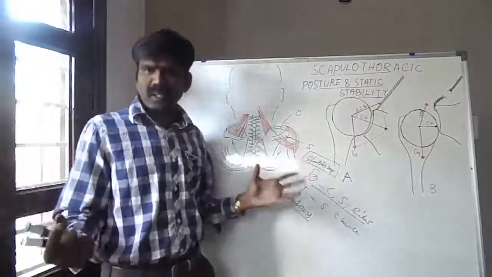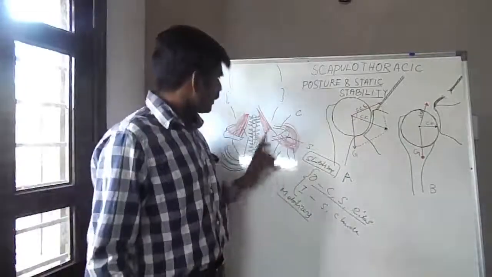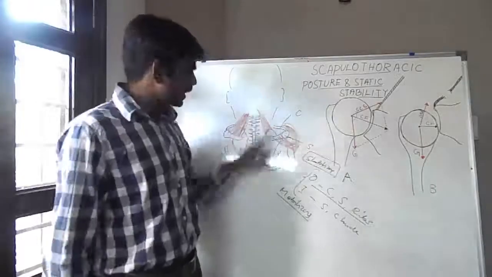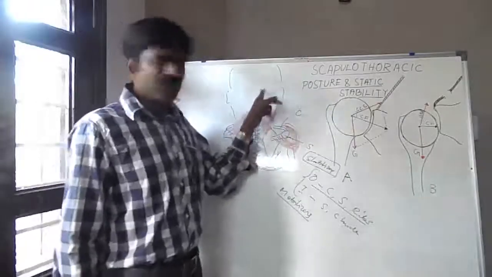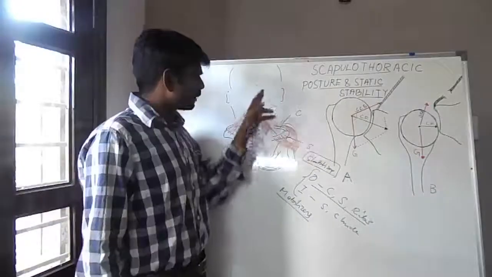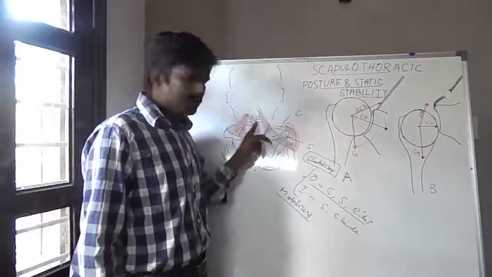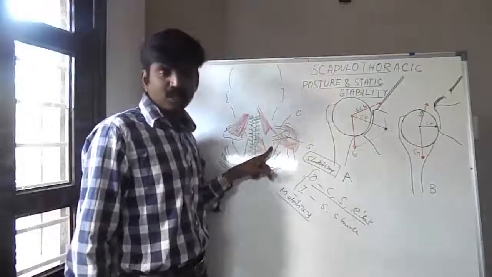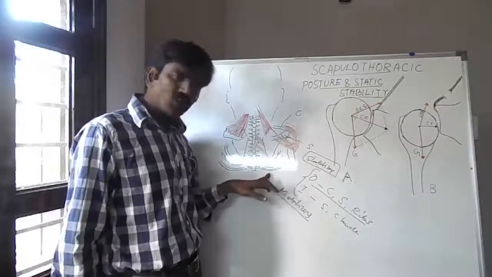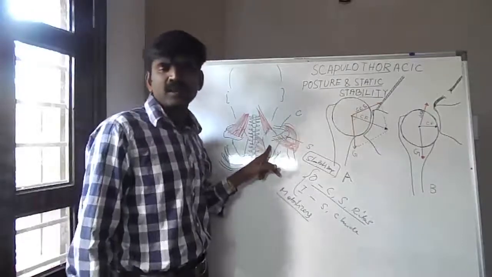Examples of stabilizers are serratus anterior and trapezius. Upper trapezius originates from the spine and cranium and is inserted into the scapula, so it is a stabilizer. Serratus anterior also has its origin from the ribs and inserts in the scapula.